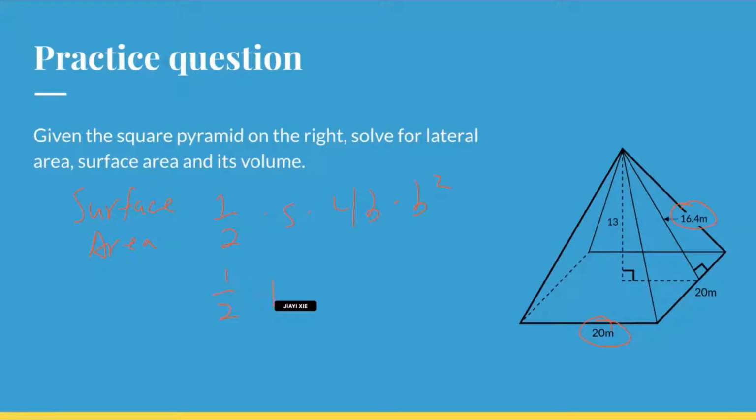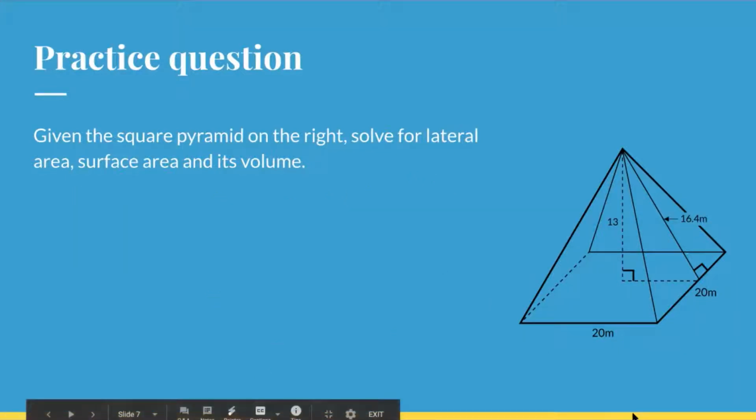So 1/2 times 16.4 times 4 times 20, plus 20 squared, and you'll get 262,400.